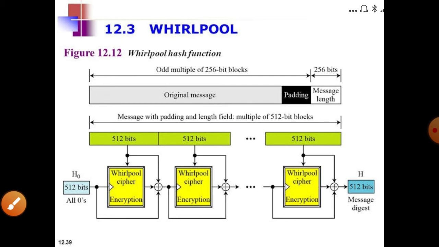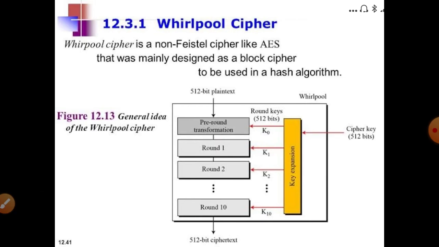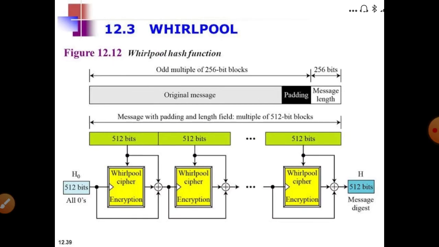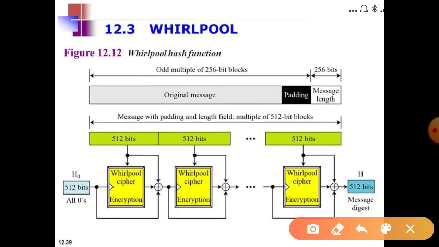Like this we divided. Now we are giving these 512 bits as input to the Whirlpool cipher function. In the starting itself I said, here we are using symmetric key encryption, not a compression function.